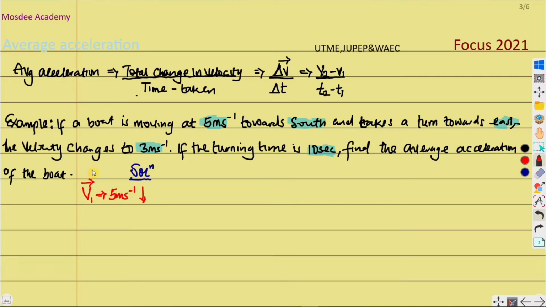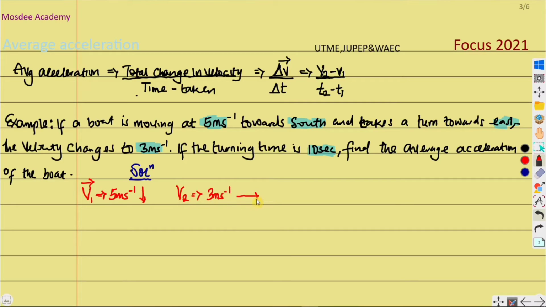Acceleration is also a vector quantity, so we can calculate both the magnitude and the direction. The next one is it takes a turn towards the east. So the second velocity given in the question was 3 meters per second in the direction of east.